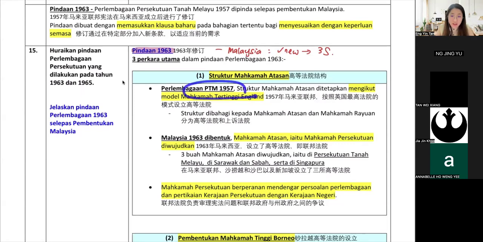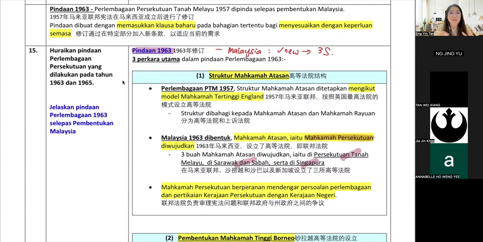You see, previously we called it Mahkamah Tertinggi. Mahkamah, okay? Everybody good? Remember the name, Mahkamah Persekutuan. And under this Mahkamah Persekutuan, which is the high court category, we have 3 Mahkamah Tinggi. One is located at West Malaysia, one at Sabah Sarawak, and another one at Singapore.